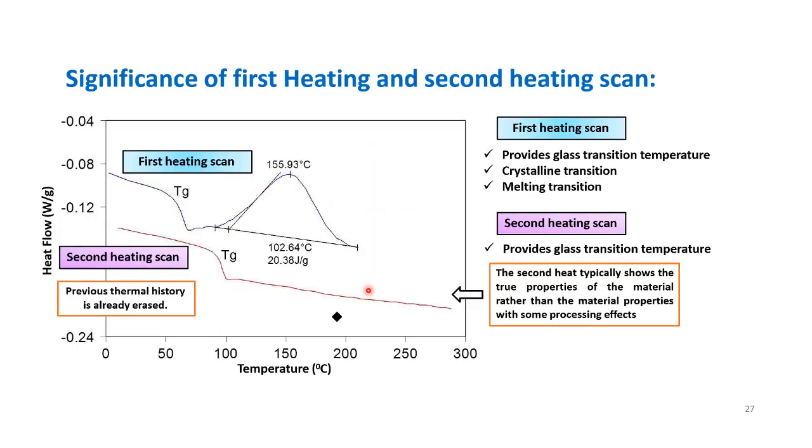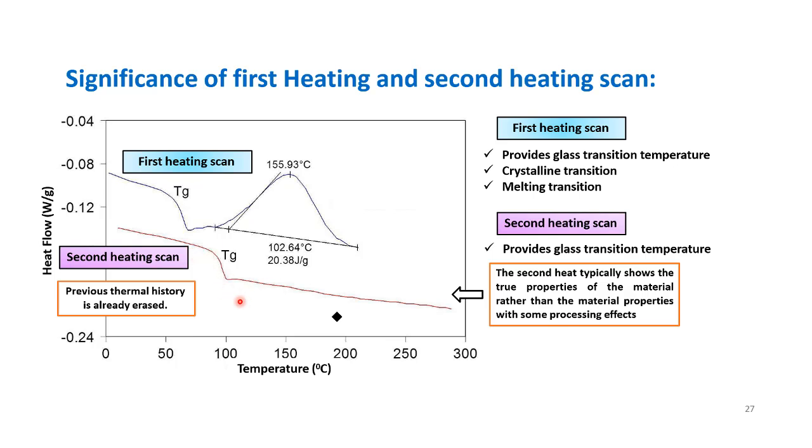One more thing you can check: in the first scan there is some kind of noise, or we can say a dip, and that is because of the thermal history of the material. To avoid that, we can perform a second heating scan.